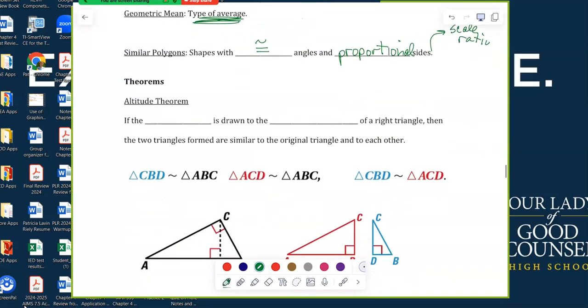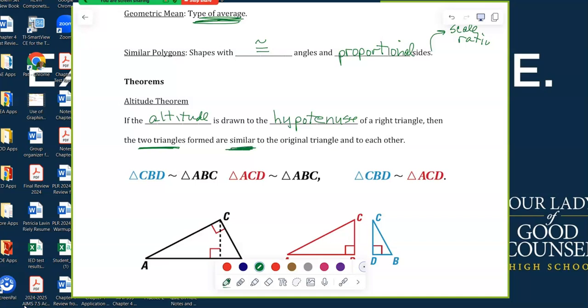Okay, what's this altitude theorem? Well, it says that if the altitude is drawn to the hypotenuse of a right triangle, then the two triangles formed are similar.